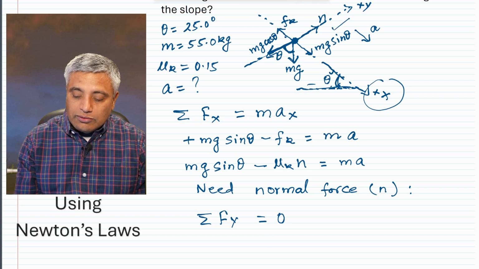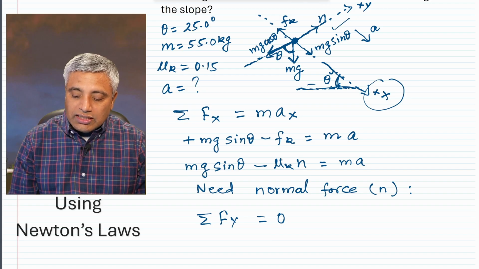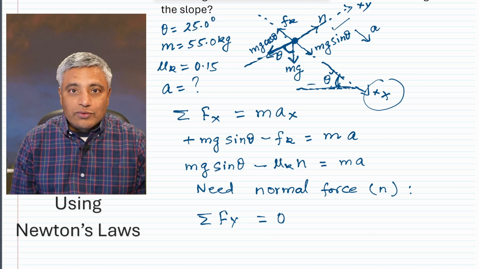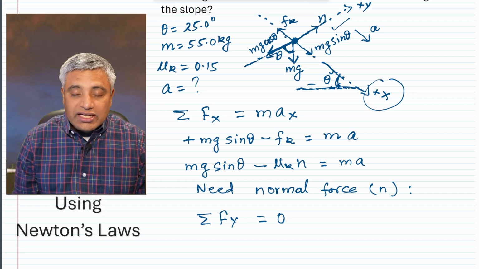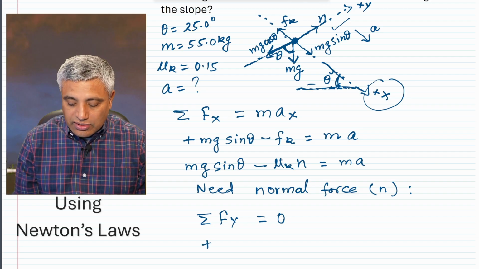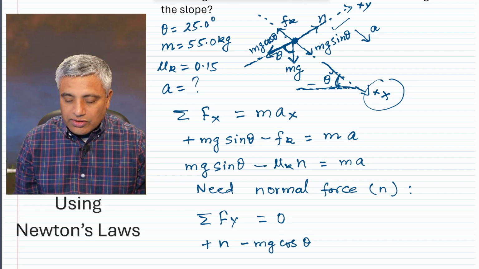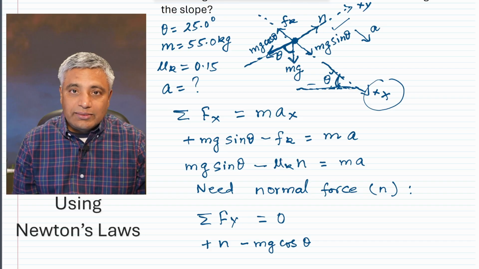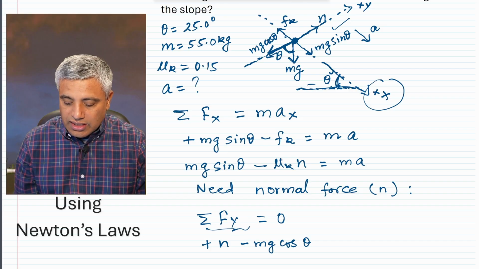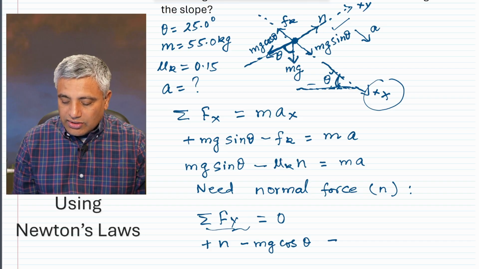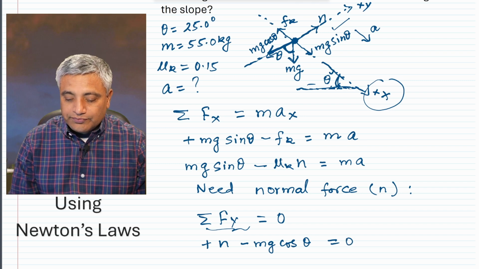One is the normal force, which is pointing along the positive y direction. Another one is the cosine component of weight, which is pointing opposite. So the normal force is positive and the cosine component of weight is negative. That's the sum of forces, the left-hand side of this equation. The right-hand side is just 0.